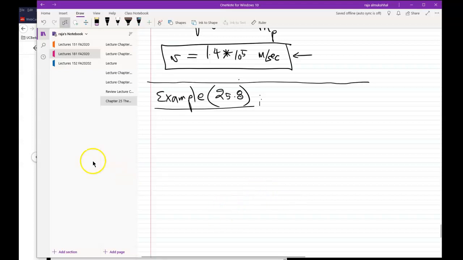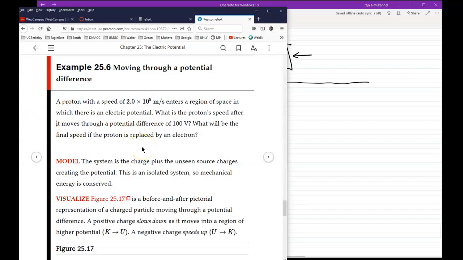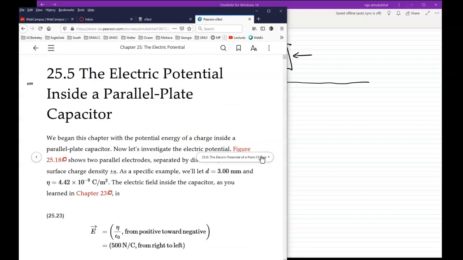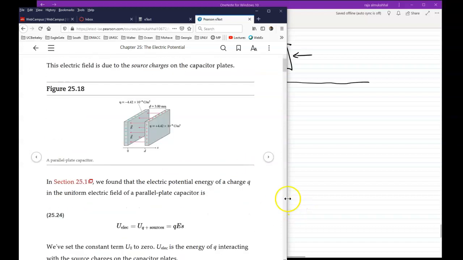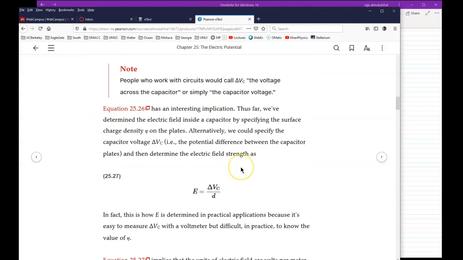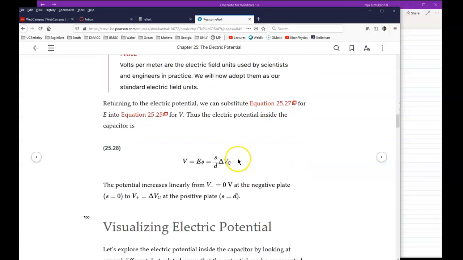Let me just go to it. That's in section 6. Again, this problem probably comes from nanotechnology.